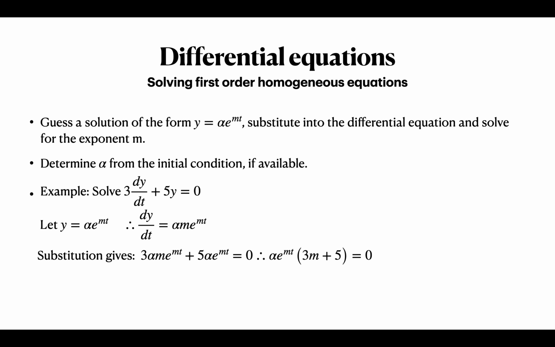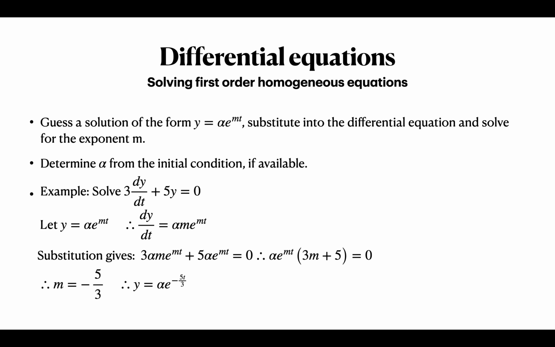So the only way that equation can be true is if 3m plus 5 is equal to 0, or m is equal to minus 5 over 3. And so now you've found out what m is, and therefore your solution is alpha exponential minus 5 over 3t. And that is it. It's that simple.